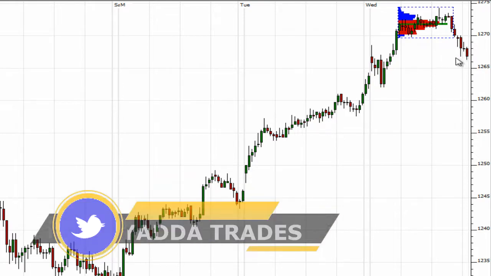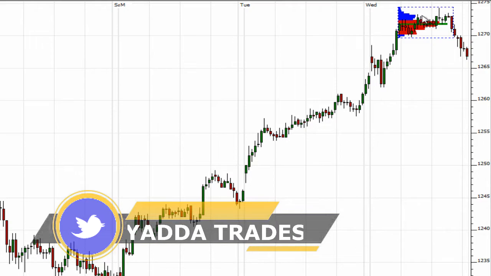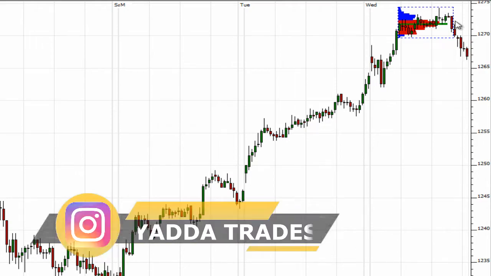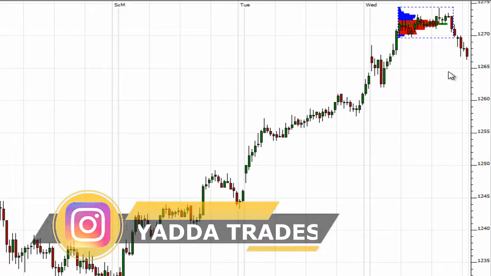So now if we were to retest this key reference area back up, how important would that be? And what would we expect to happen there?